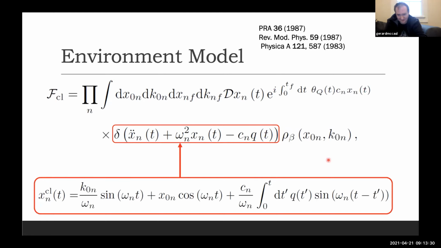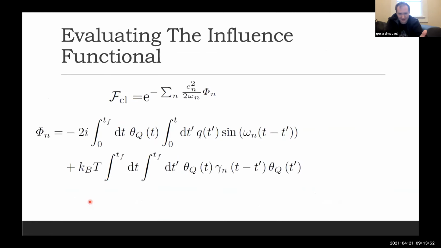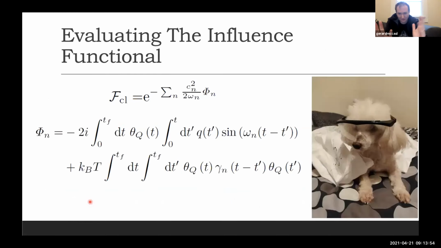It has a solution that you can write down. And so all you have to do here, because of this delta functional, you remove the functional integration and just replace this x here with the classical equation of motion. And at that point, in principle, this thing is completely solvable because it turns out to be a set of Gaussian integrals. In fact, it's so easy, my dog can do it.